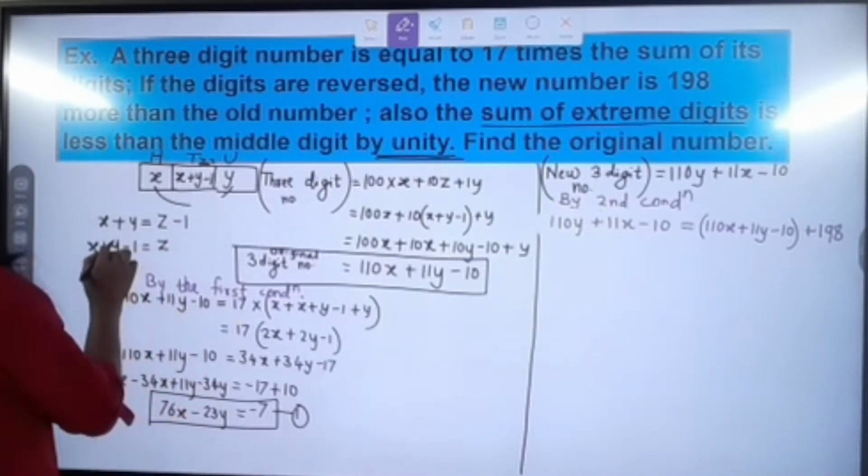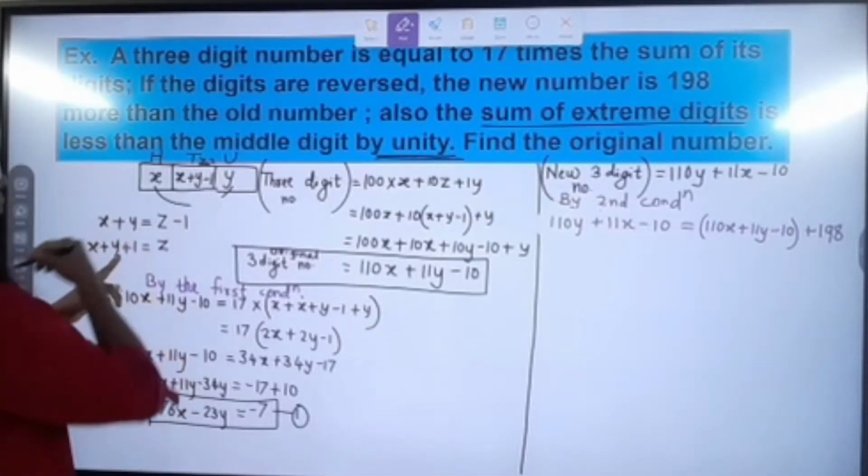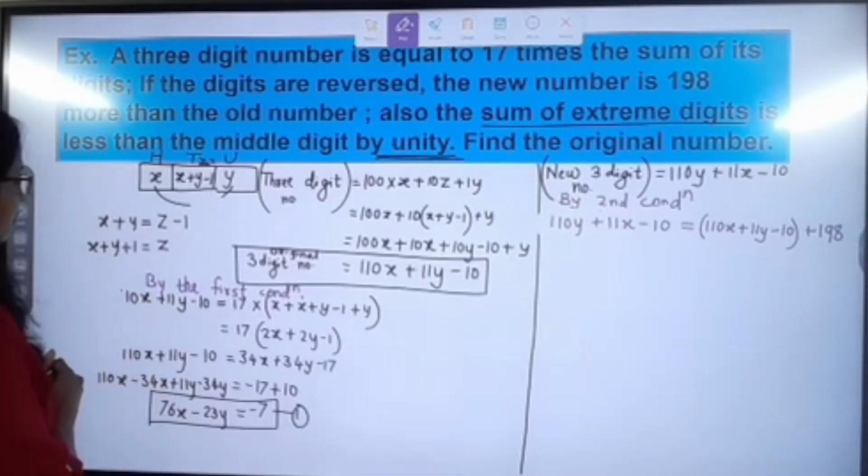Here is a mistake, that is a plus 1, because the minus 1 shifts to the other side.